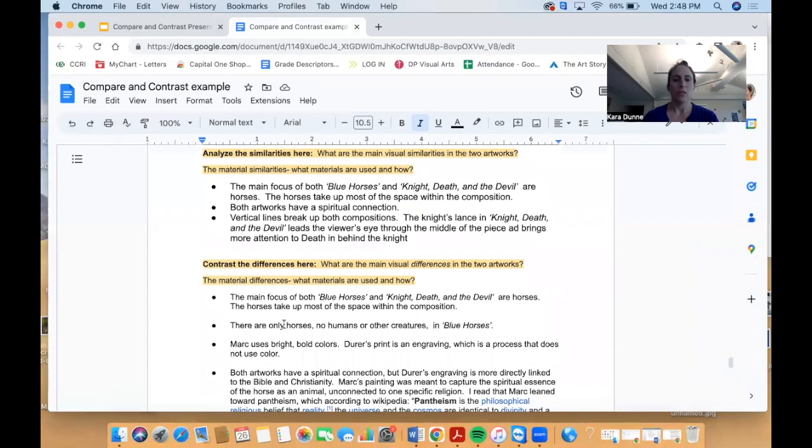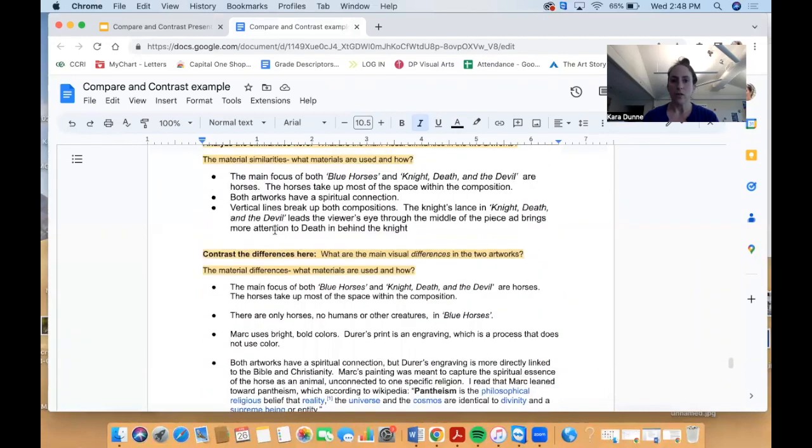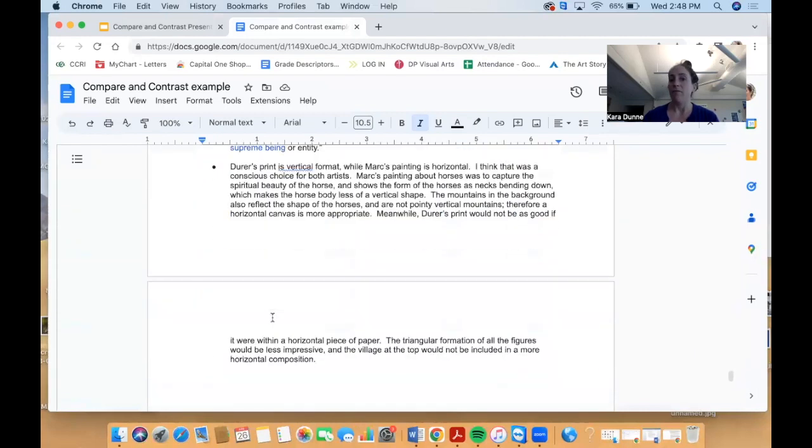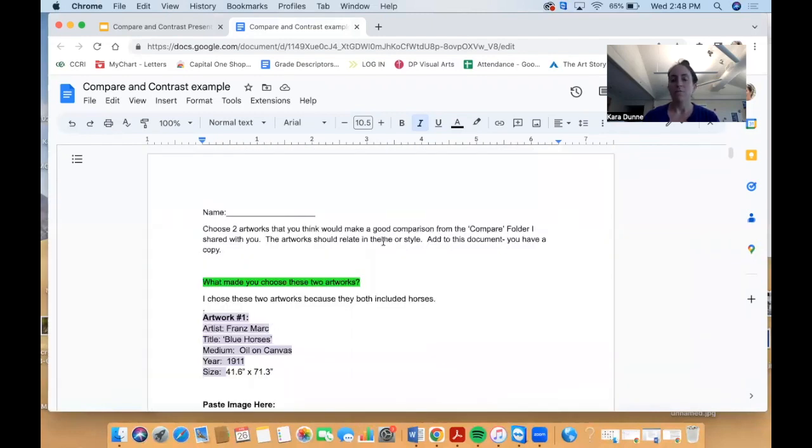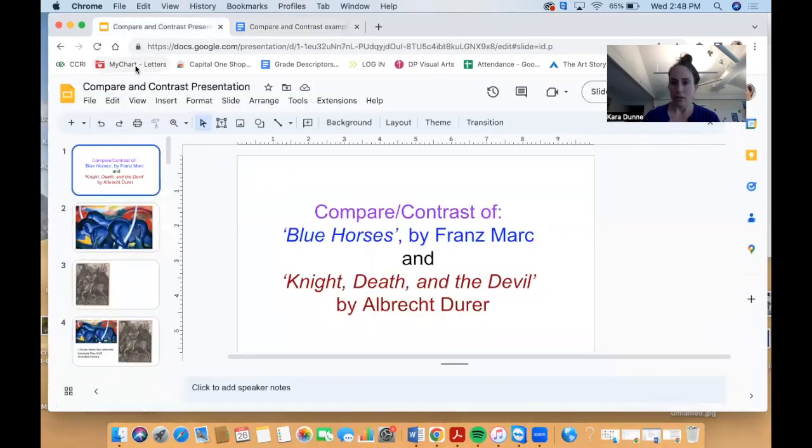There's the similarities and there's the differences, the comparing and the contrasting. I have everything done. If I have everything completed in full, I can now make a slide presentation, which will be your final exam grade. And we will talk more about how you are going to present this information. This is just how you're putting the information together into a slide presentation.